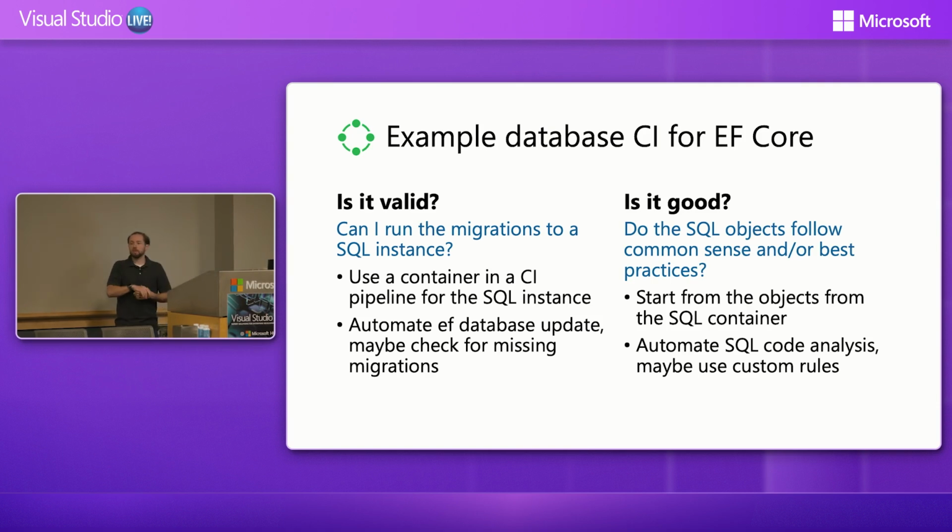The model that's being generated by EF Core is going to be something that works with SQL Server. You might be able to make sure that we haven't missed generating some of the migration scripts, things like that. But the is it good is where we take the state of that SQL container and reverse engineer that out so we can analyze the code.